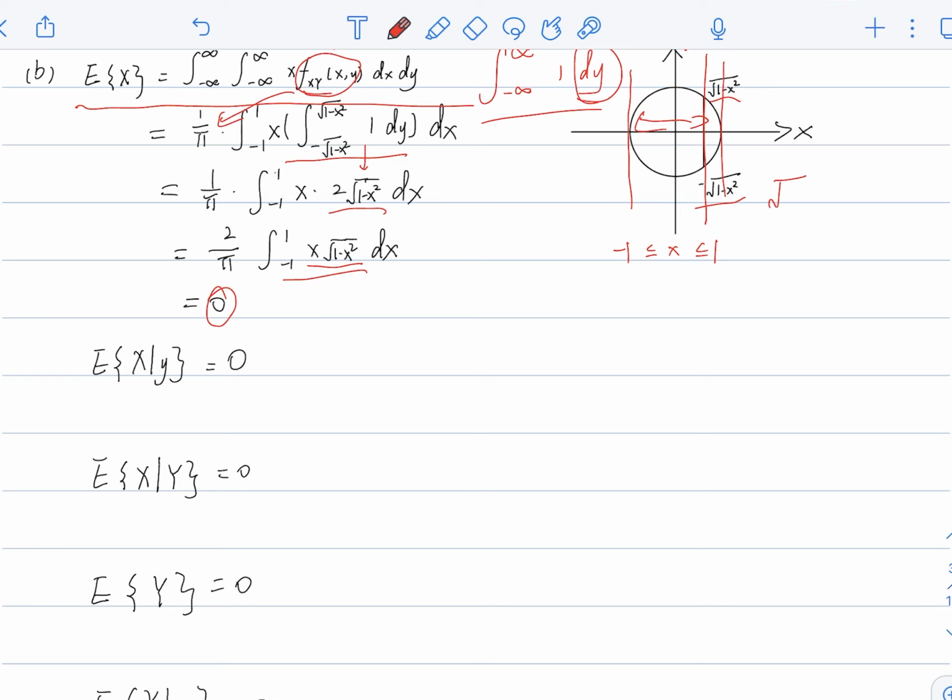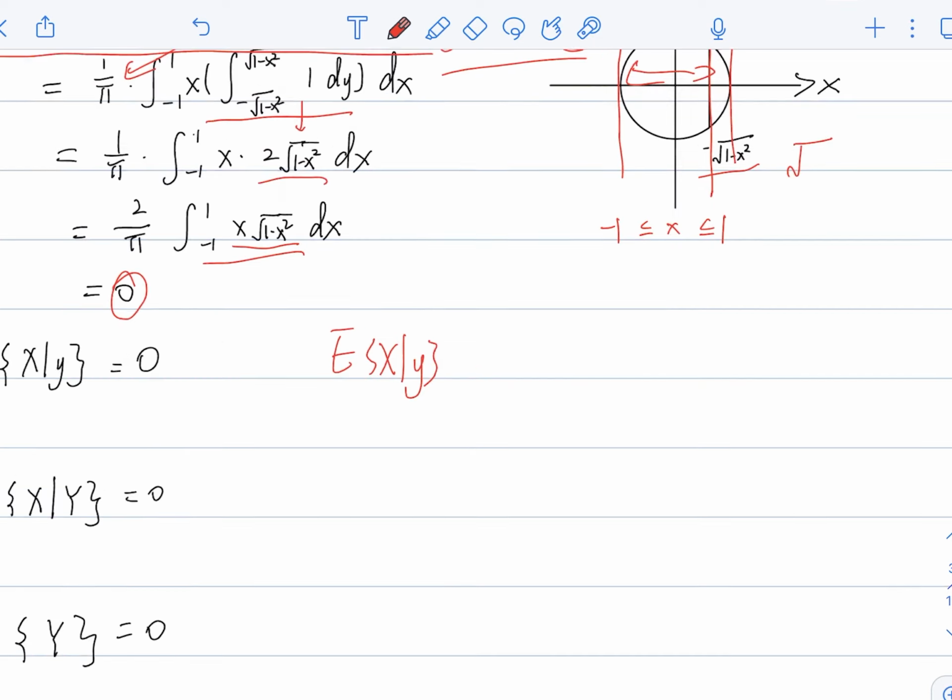Next, let's find the expected value of X under the condition of the value y.